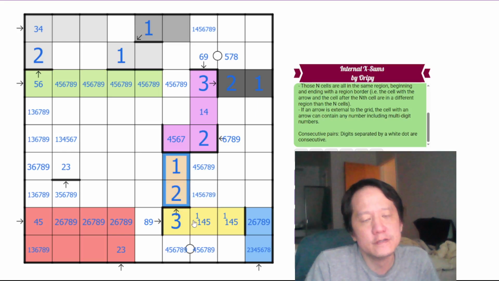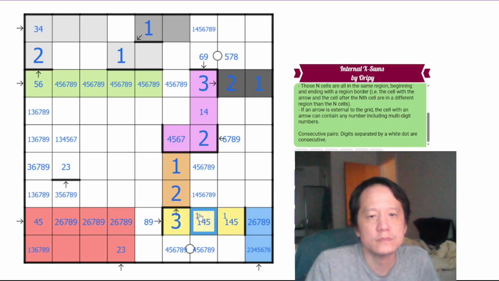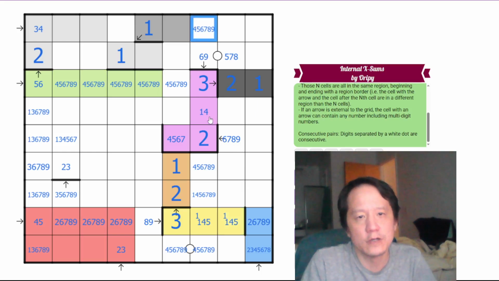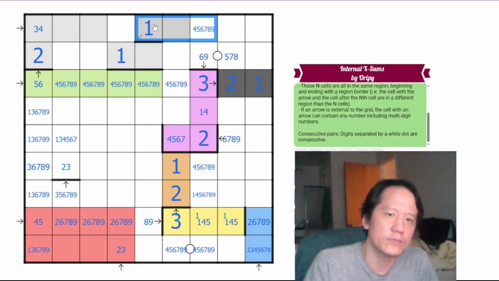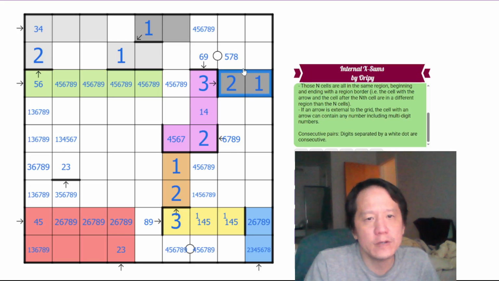Let's see. This orange definitely cannot be part of this red region. This can't be 1 here. Oh, this medium gray region cannot be the same as this dark region.